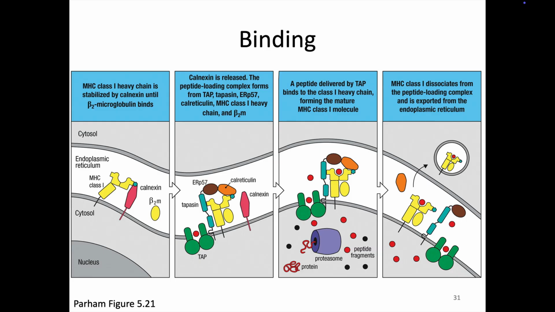Tapasin is holding MHC class 1 and TAP right next to each other, so that as the peptides come into the ER, they can bind straight to the MHC class 1. They're not going to go some other random place, because tapasin is holding everybody together and making sure that binding occurs.